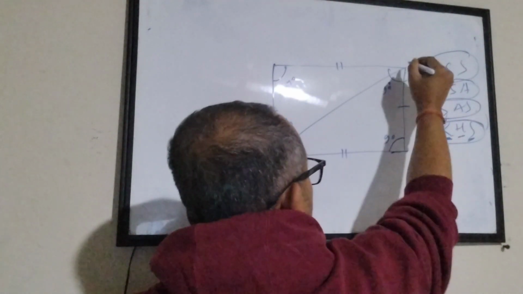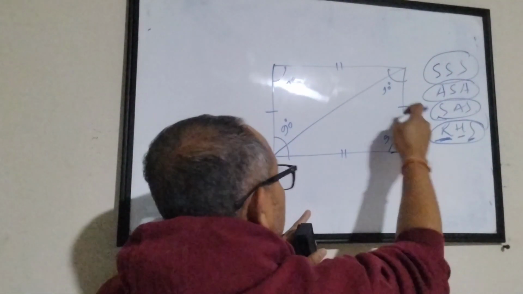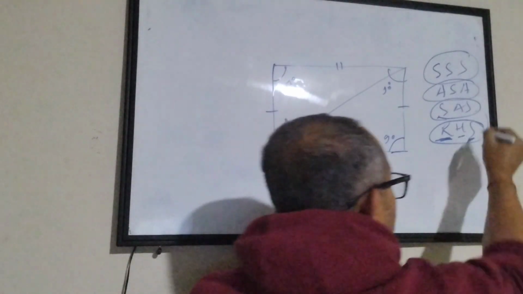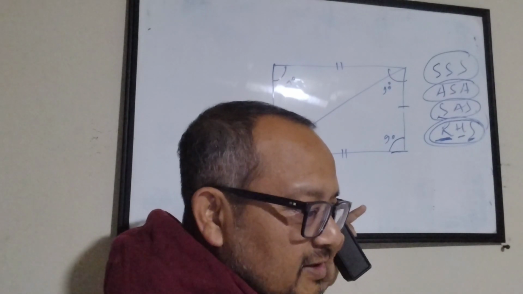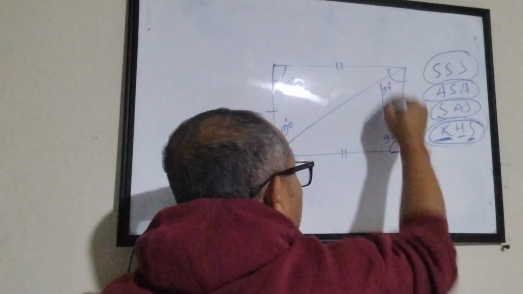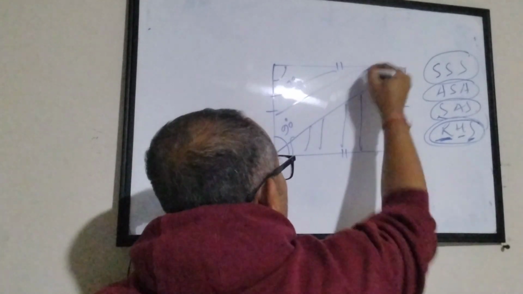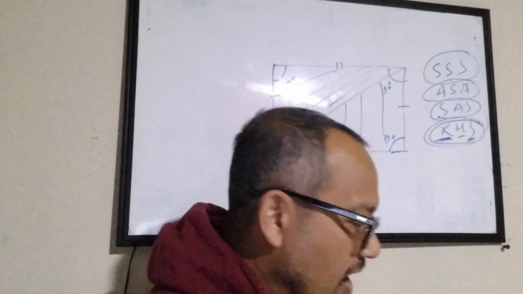Because your hypotenuse is common between both triangles, and the opposite sides are the same. So this side you should pick, that is also the same. So this condition qualifies. Yeah, of course. So they are congruent, meaning the area of this triangle is equal to the area of this triangle.